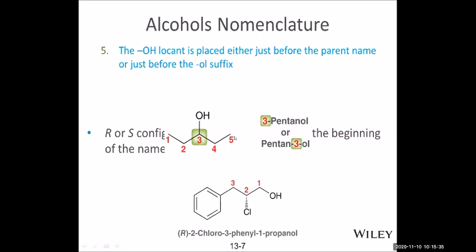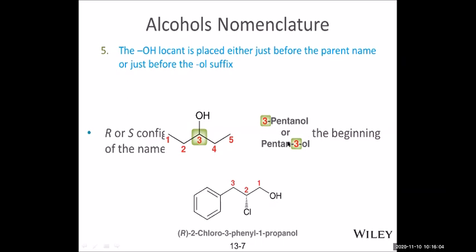If the parent chain has double bond, then would be pentenol. So anyway, so far we don't see the pentenol, we only see the pentanol. And so that's difference. When we name the alcohol, put a position either before the parent or right before the OL, which means the position for the hydroxy group. So that's basically the either or.